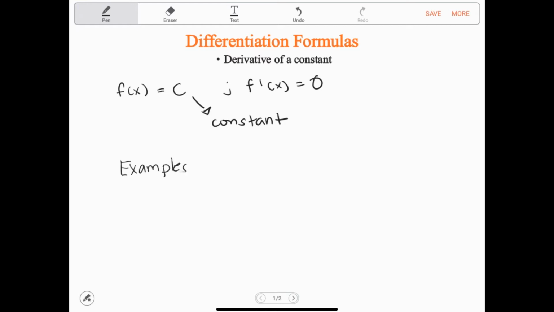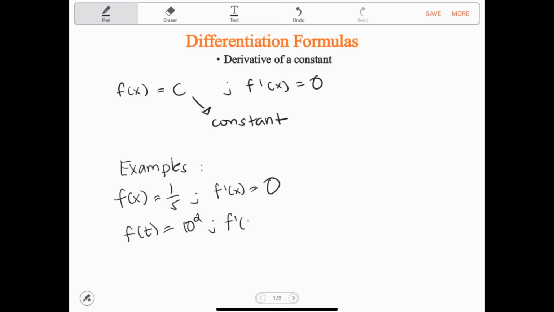Let's try some examples. Let's say f of x is equal to 1 over 5. We all know that 1 over 5 is a constant number. Therefore, f of x prime is equal to 0. Next example. F of t is equal to 10 raised to 2. 10 raised to 2 is a constant number.